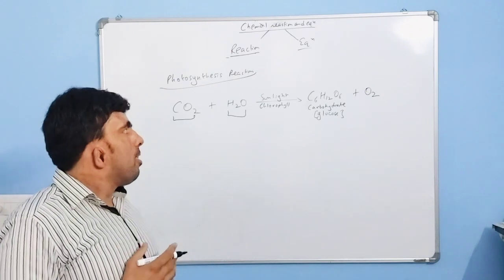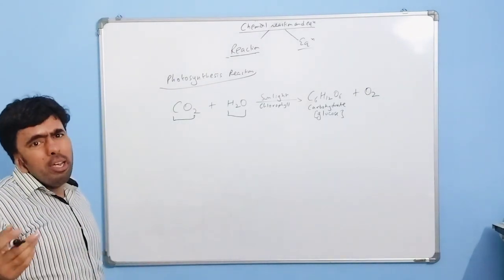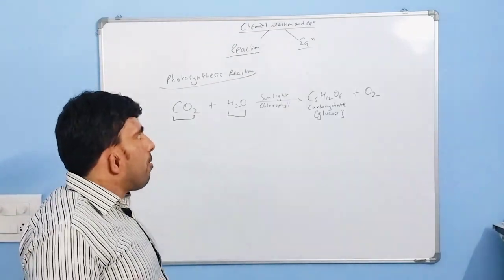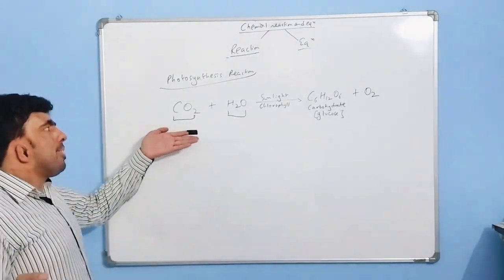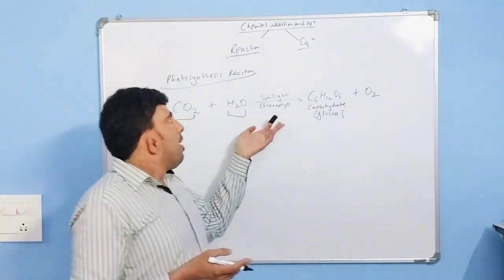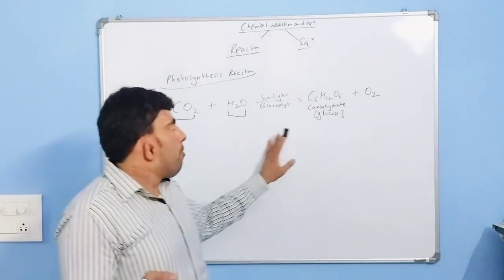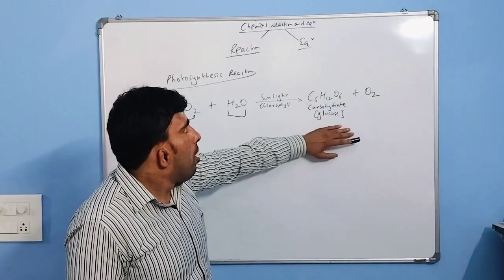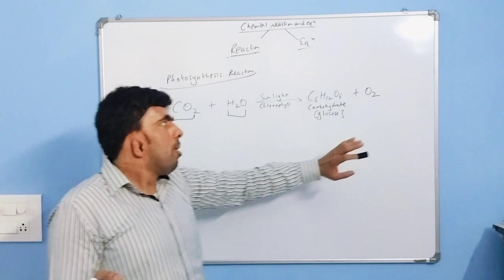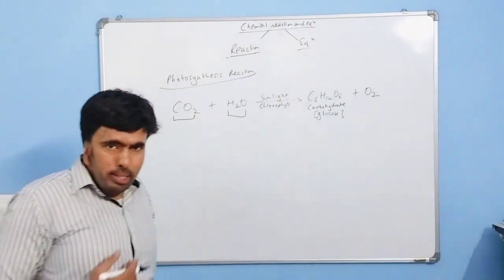This is a very common reaction. We study it till 7th class. In 7th class also, the plants need CO2 plus water in presence of sunlight, with the green pigment chlorophyll, and we get food plus oxygen. So this reaction is called the photosynthesis reaction.